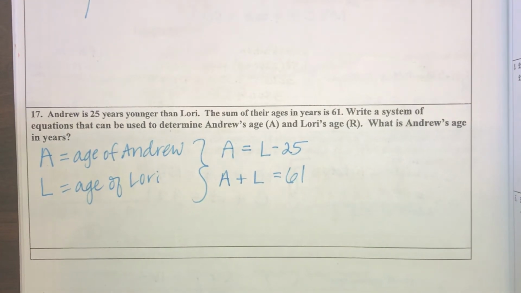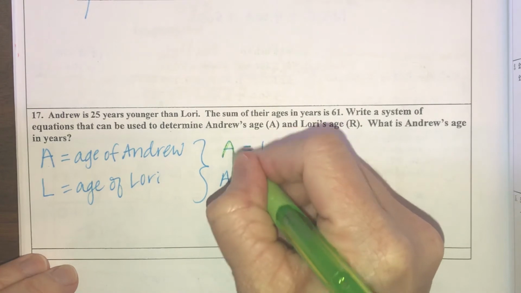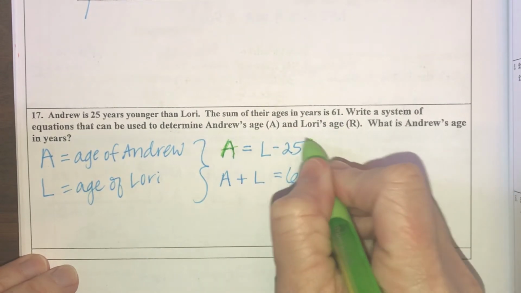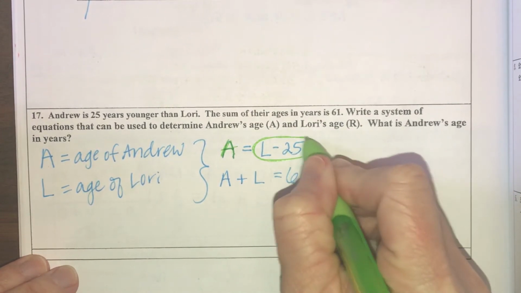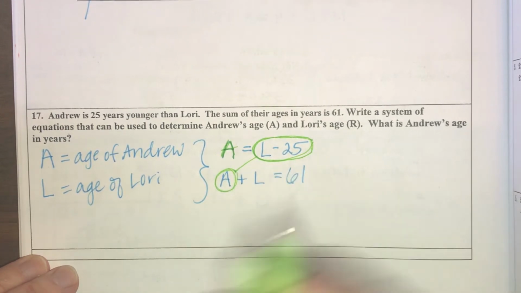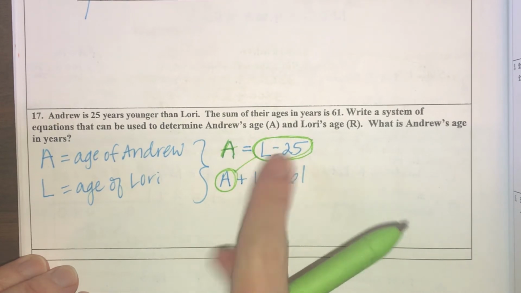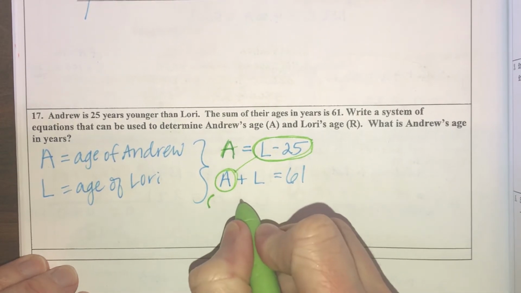Now this system that we have here, our two equations, are actually set up for substitution right away because I have my A solved for in my first function. So what I'm going to do is take this expression and sub it in the A of the other equation. So instead of Andrew plus Lori, I'm going to sub in this expression in place of Andrew here.